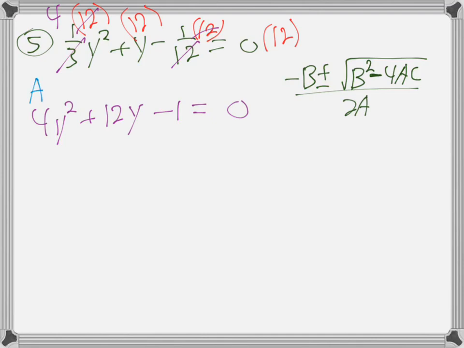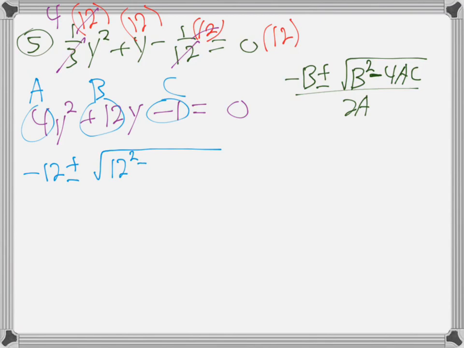All right, so A is 4, B is 12, C is negative 1. Into the quad we go. Negative b plus or minus square root of b squared minus 4 times A times C all over 2A.